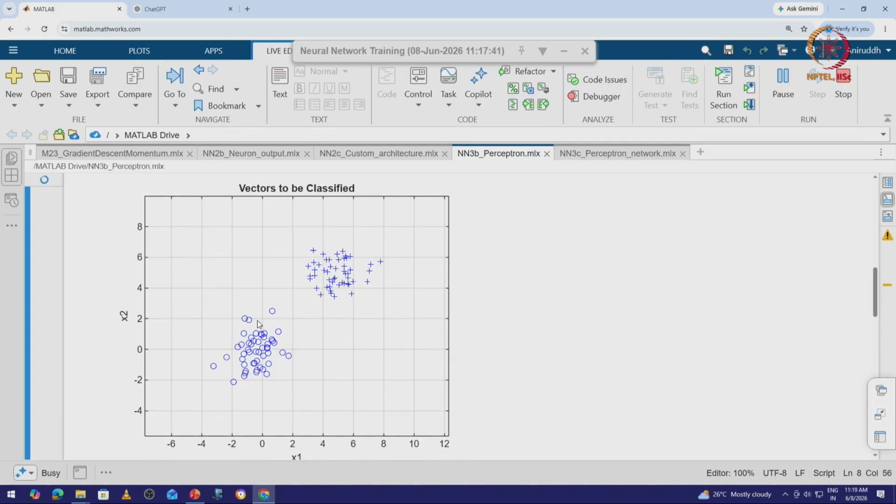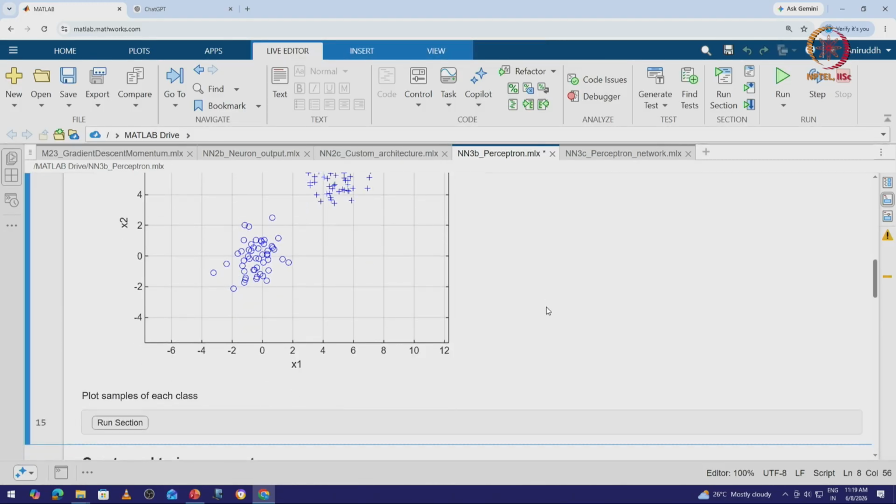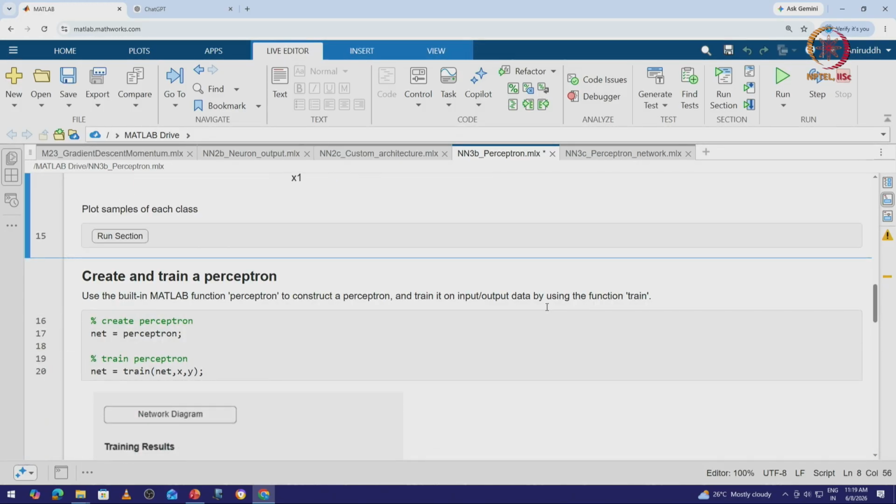So we have vectors to be classified. We have class 1 represented here, and we have class 2 represented on the above part of the curve. Now let us train a perceptron model.